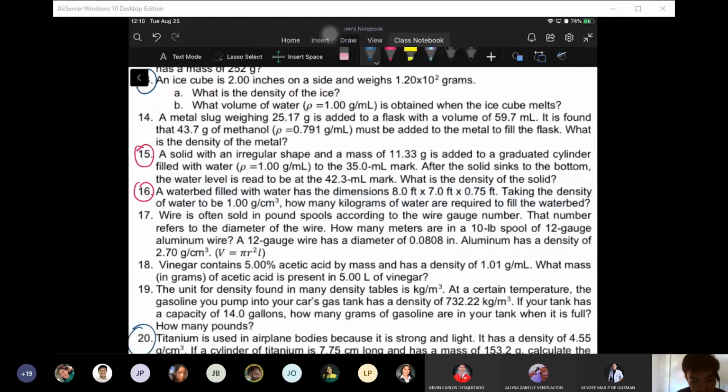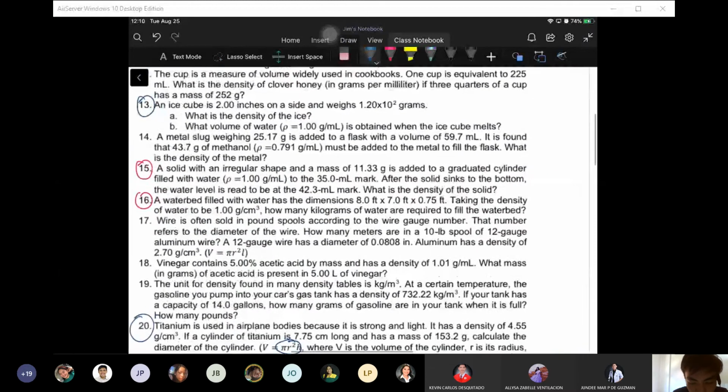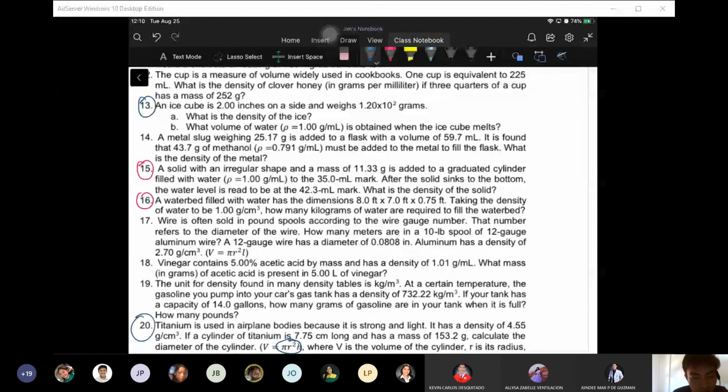Okay, let's answer now, because it's 12:10. Let's begin. For number 15, what concept could this be? This applies the concept of displacement method.